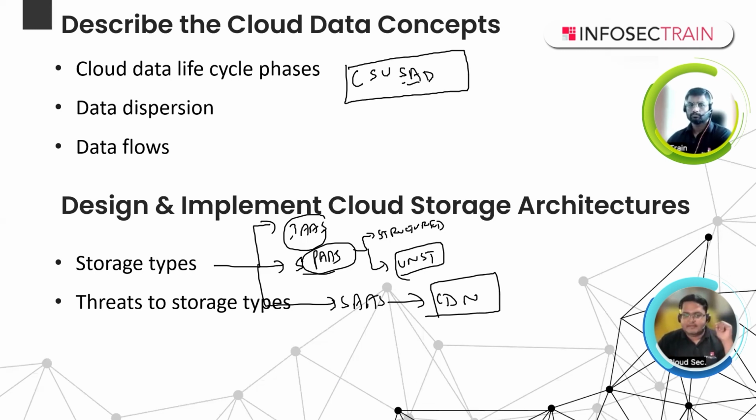When you go for application level storage in SaaS, you have to be very careful about the vendors you use, because if they are not following proper security mechanisms, at the end of the day the legal liability will come to you. So you have to validate the vendor properly before onboarding SaaS services. Otherwise, when you are just storing the data through their console or application interface, if something happens in the backend, you will still be affected.